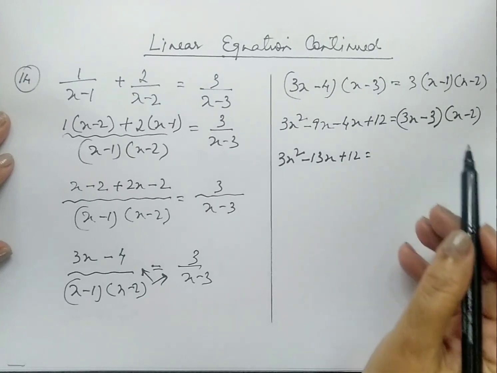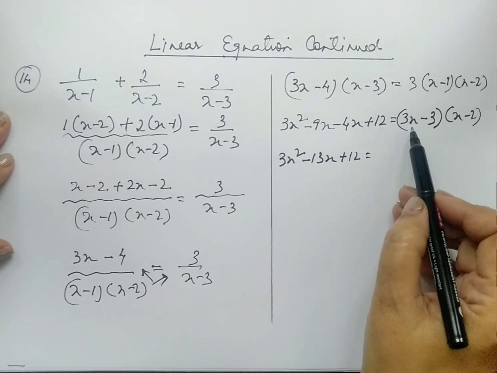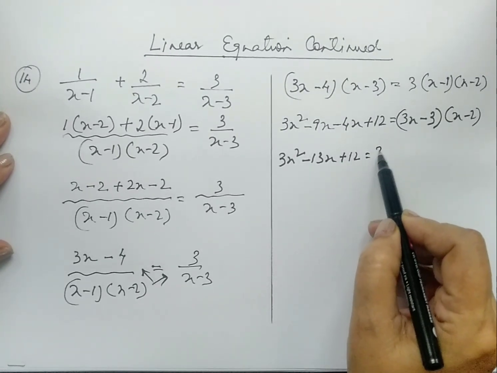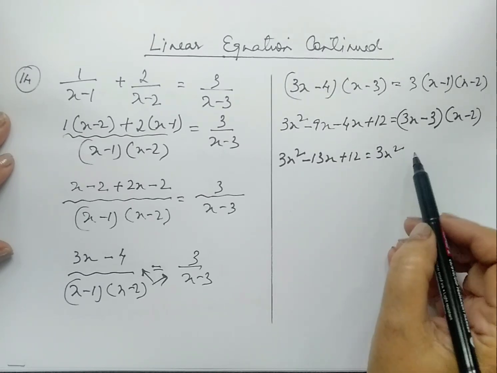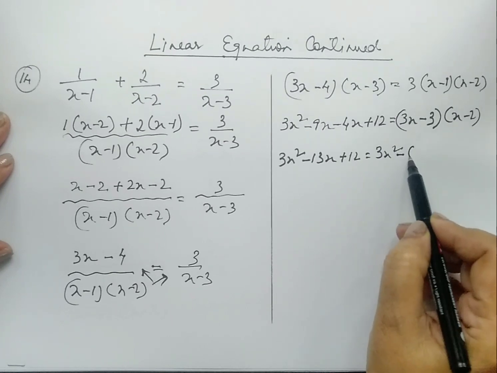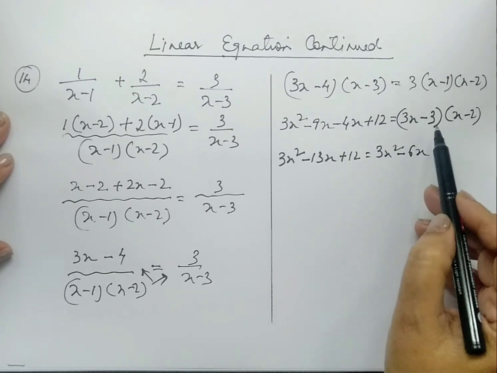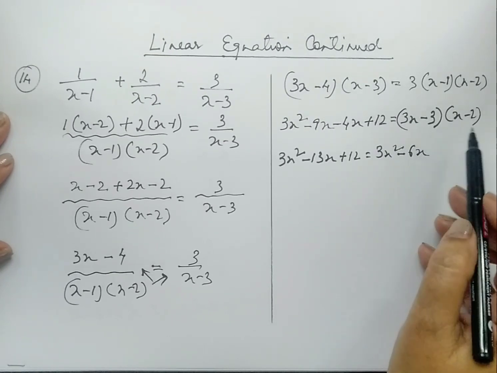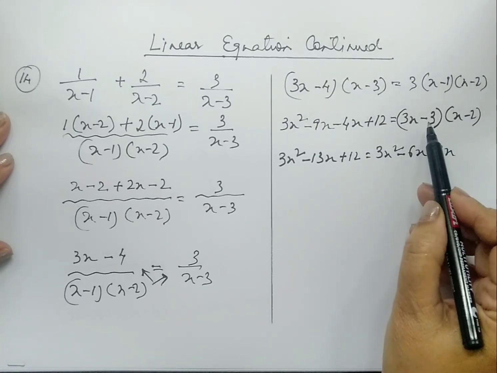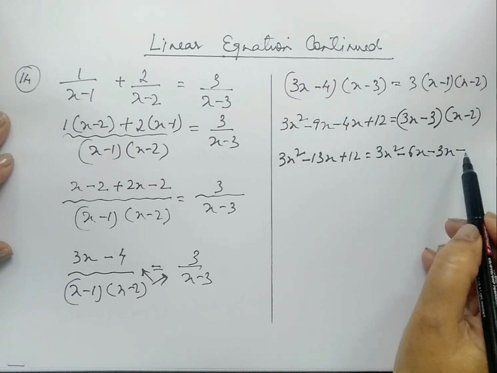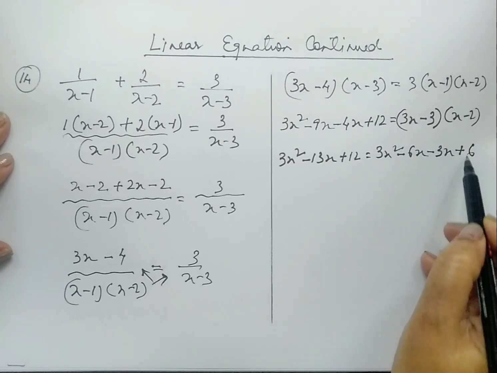All right, what about this side? So 3x multiplied by x will give me 3x square, and 3x multiplied by 2 will give me 6x. Okay guys, and minus 3 multiplied by x will give me minus 3x. Okay, and minus minus plus, that is plus 6.